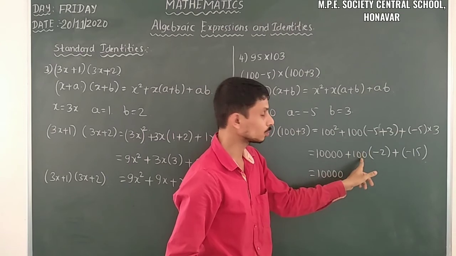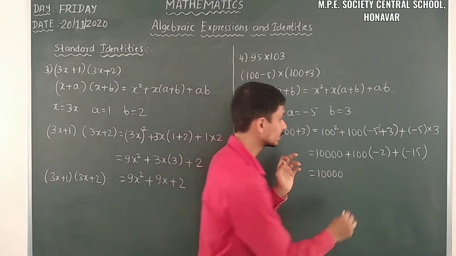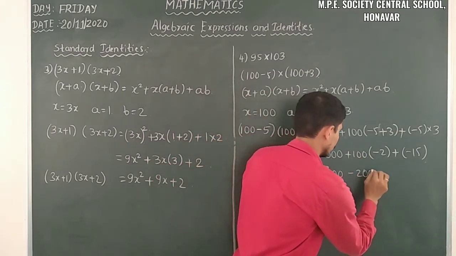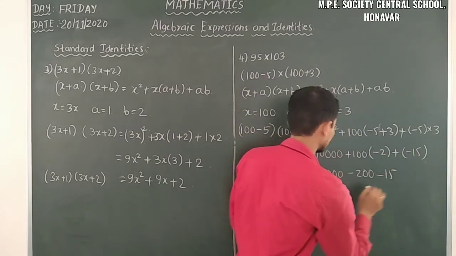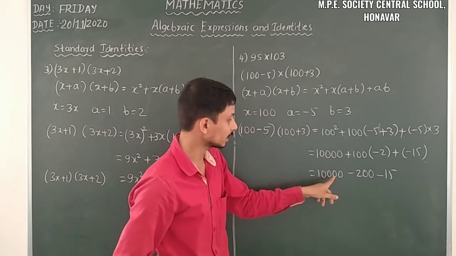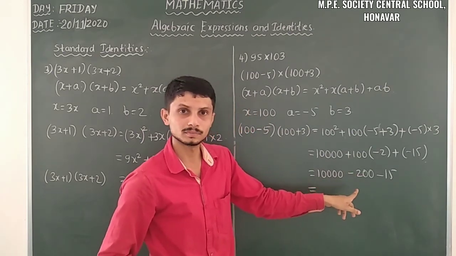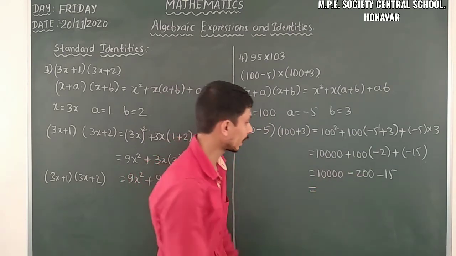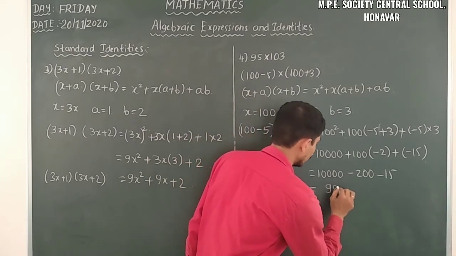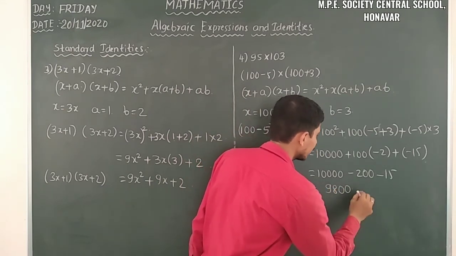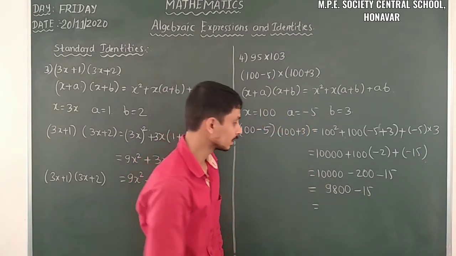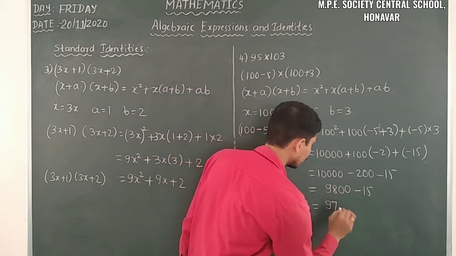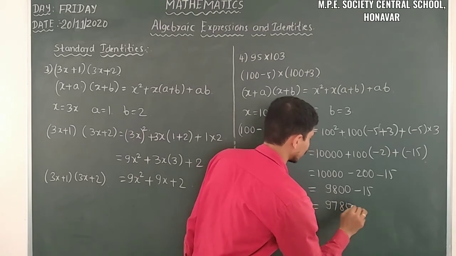Here minus 2 into 100, minus 200. Plus into minus, minus 15 is equal to. So 10,000 minus 200 we can take as 9,800. 9,800 minus 15 means 9,785.